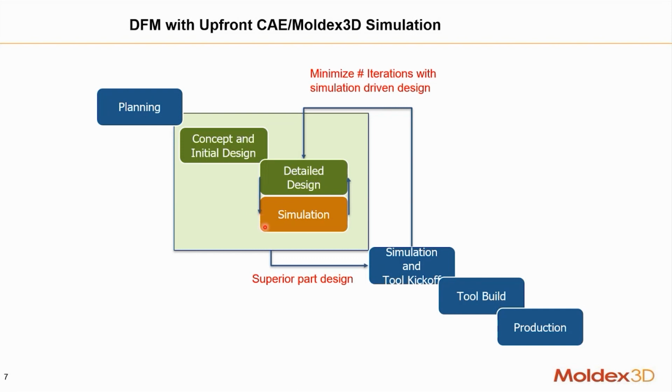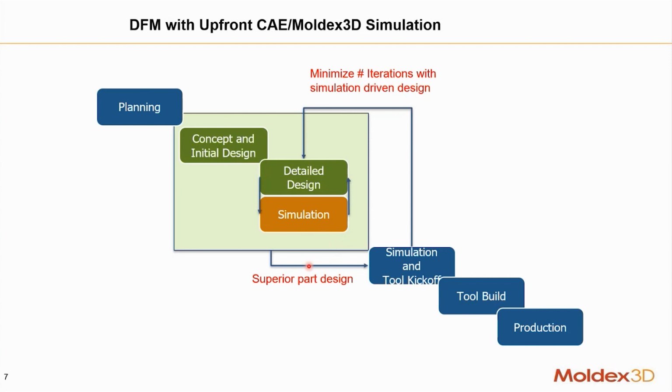Okay. And now more and more people are trying to run simulation in the early design phase. When they start to have a concept of the initial design, they are running more iterations in the early design phase, which means they are able to optimize most of the part design.